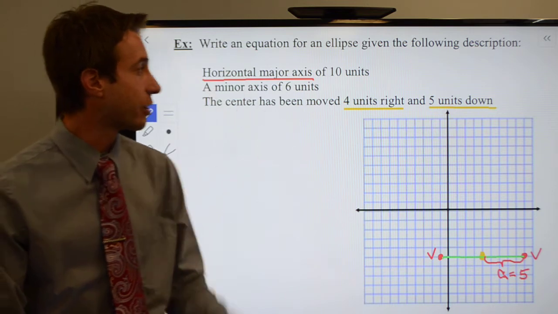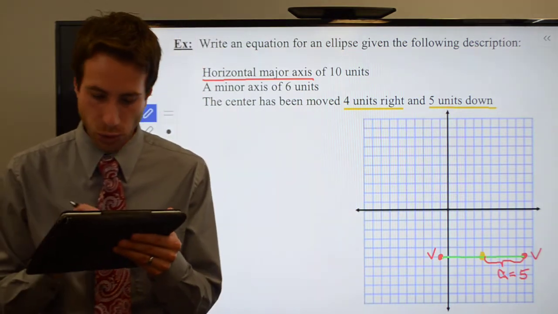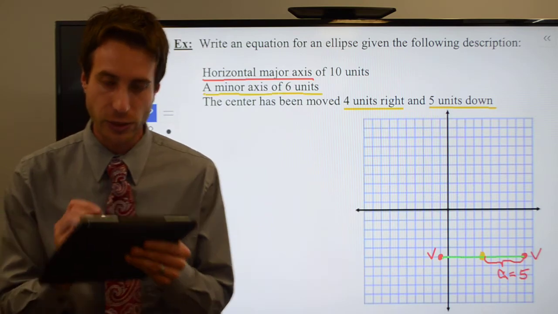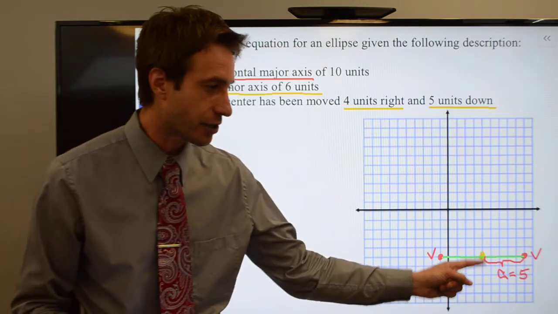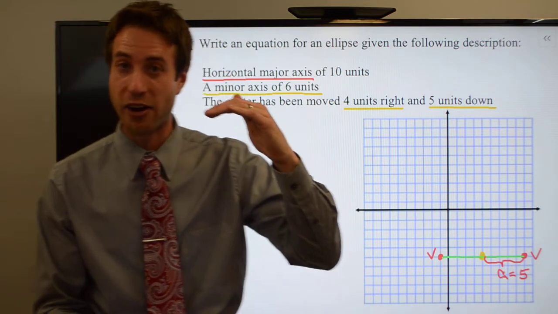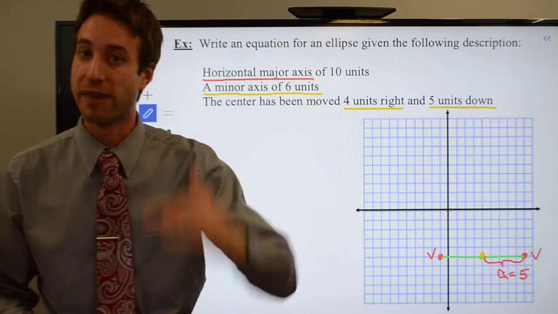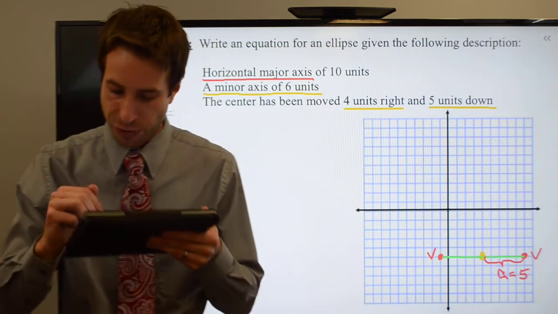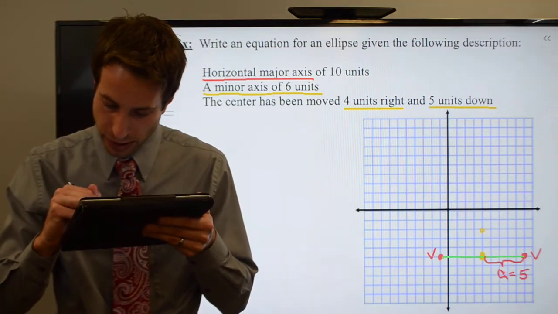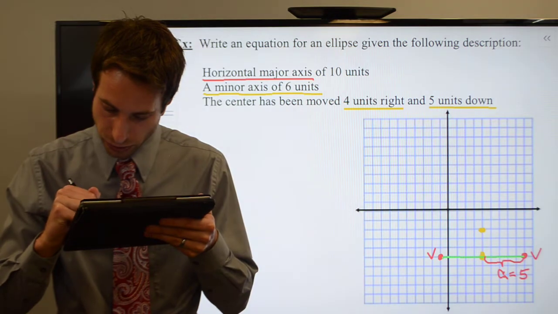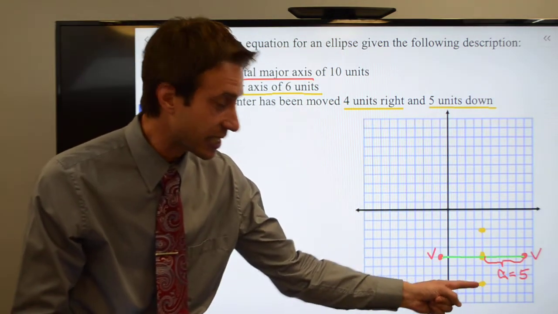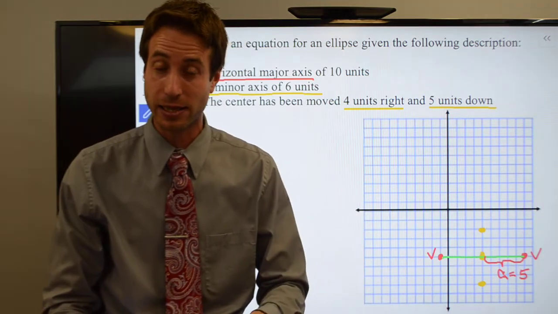Then I'm told the minor axis is 6 units. So we're going to do the exact same thing. So that means if this is my center and the entire length of the minor axis is 6 units, how far above and how far below do I have to go? Well, that would be 3 up and 3 down. 1, 2, 3, there's 3 up. 1, 2, 3, there's 3 down. Again, that entire distance is 6.